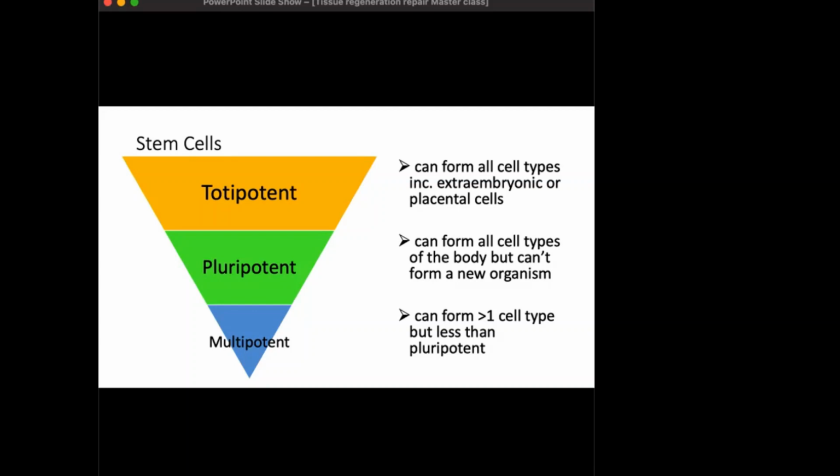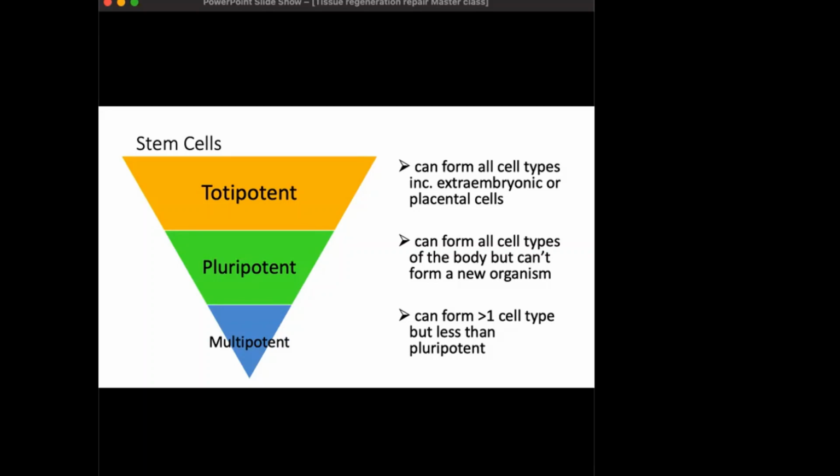Totipotent cells are taken from the first few divisions once the gamete fertilizes, from the morula, or that stage after the fertilization. Those are the only cells that are totipotent.